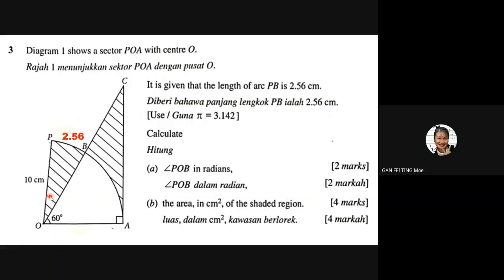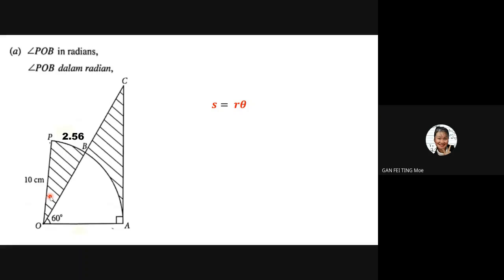So sekarang saya tengah planning. Untuk jawab soalan bahagian A, saya nak gunakan formula S equals R theta. Panjang lengkuk PB sama dengan jejari darab dengan theta.